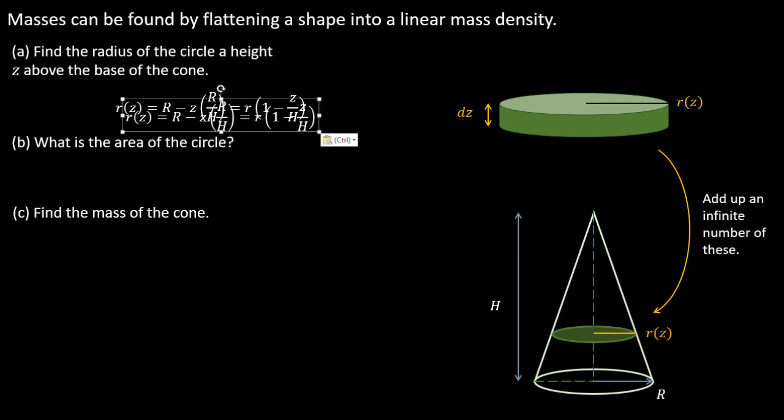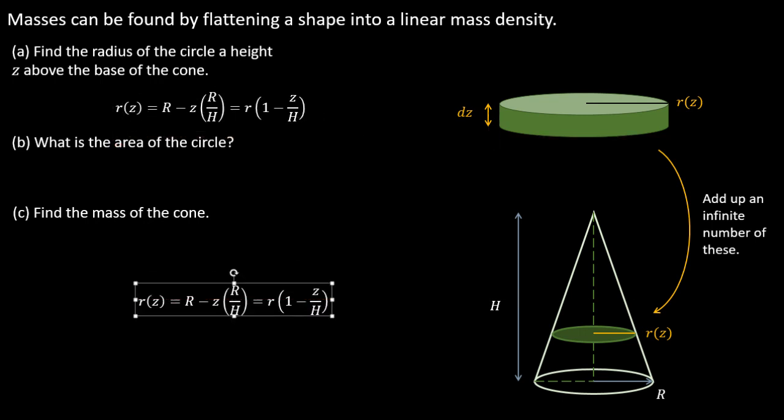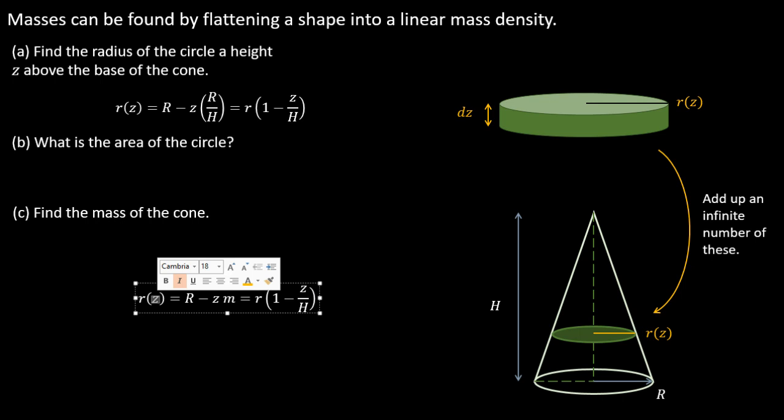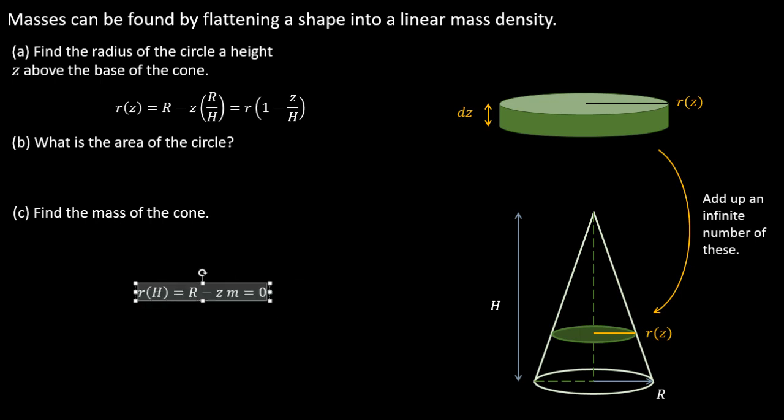So that's the answer. So let's see what we're doing. So what we want to say here is that we want to find the slope here, z, so it's z times m now, so that at r of h, at the top, this is equal to 0. Okay, so this is the function we're solving for, right?